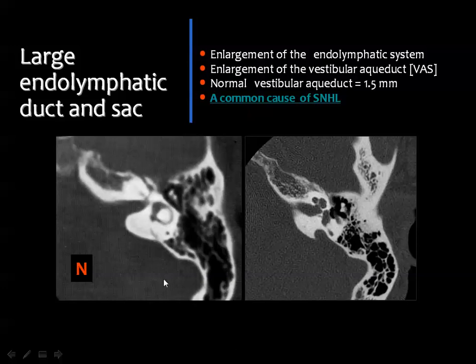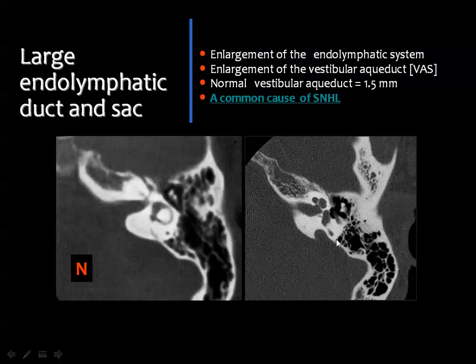And you remember that the vestibular aqueduct is the duct which is seen in the axial images posterior to the posterior semicircular canal. This is the vestibule, this is the lateral semicircular canal, and these two dots represent part of the posterior semicircular canal. The width of the vestibular aqueduct does not exceed 1.5 millimeters.